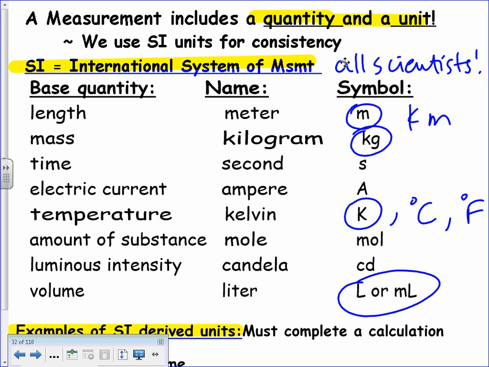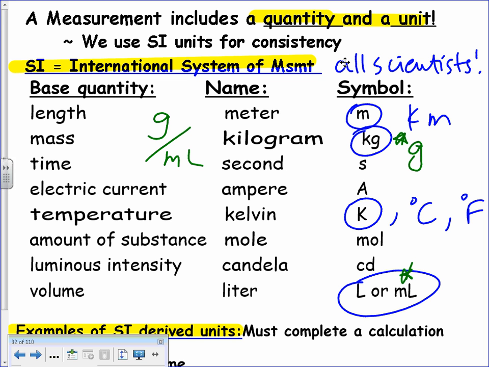So what measurement do I get if I combine grams and milliliters? No. If I combine grams and milliliters, grams per milliliter, does that ring a bell? Density?